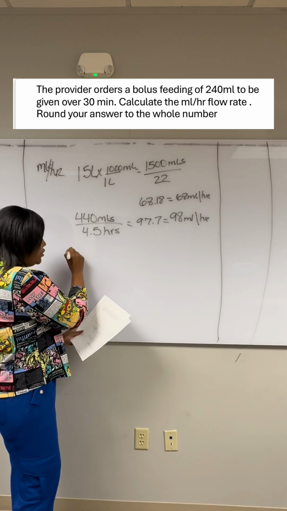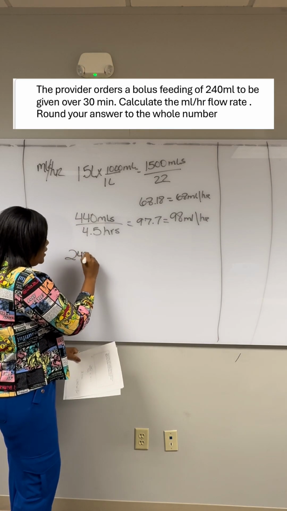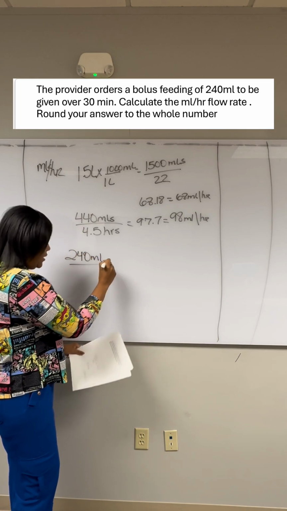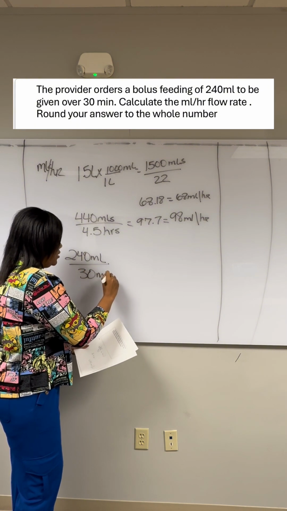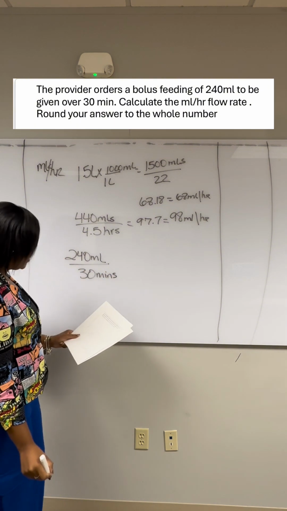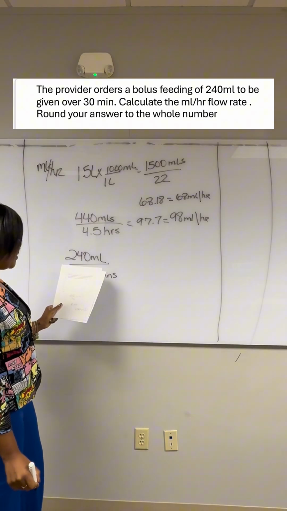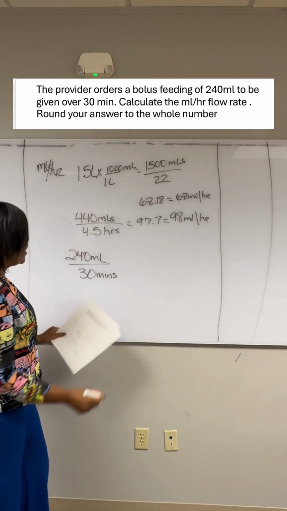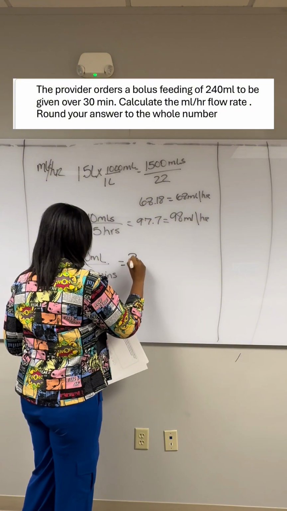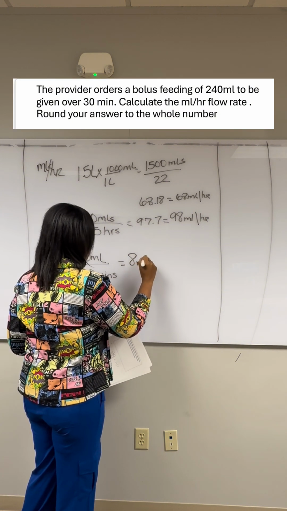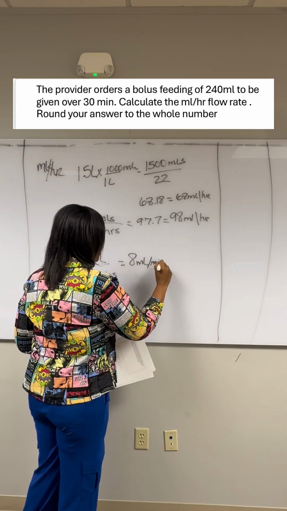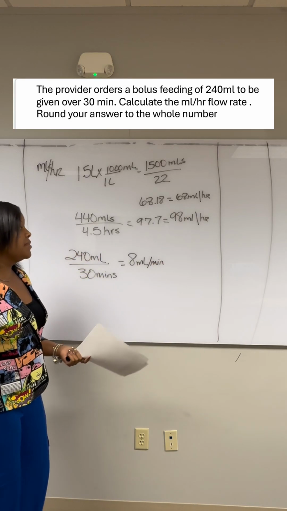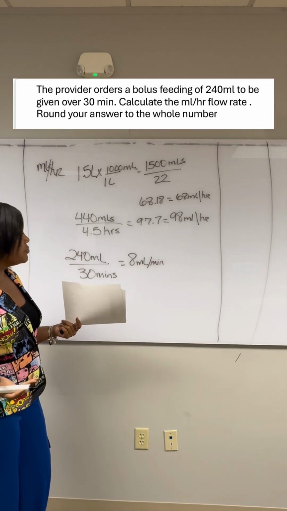We're gonna do 240 mLs, and we're gonna divide it by 30 minutes. Once we do that, 240 divided by 30, that's gonna give us 8 mLs per minute, but we don't need to be in mLs per minute. What we need to be in is mLs per hour.